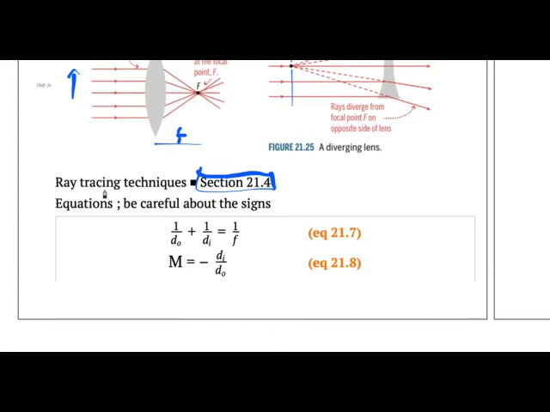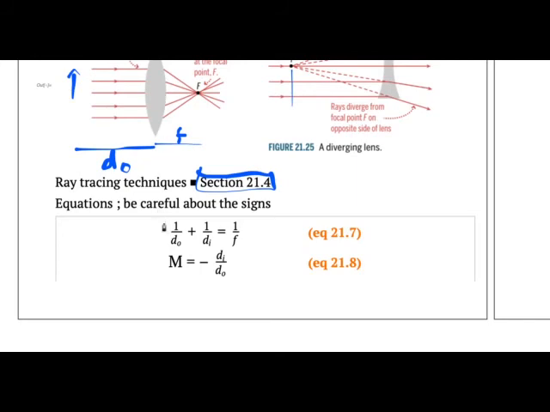Now, just as we had for reflections, we'll be interested in the geometry. So we might have some distance dO, the distance from the object to the center of the lens. And we might have a distance dI to the image, from the center of the lens to the image.